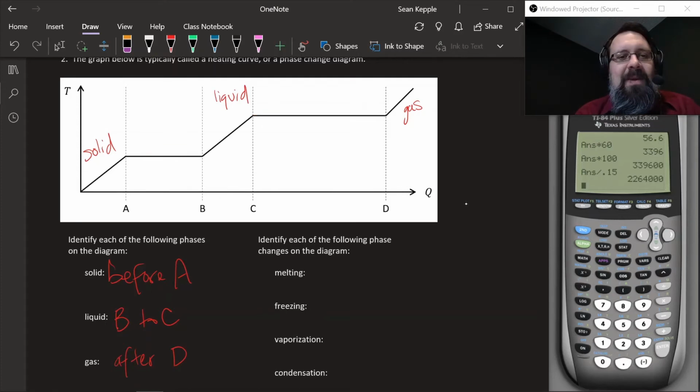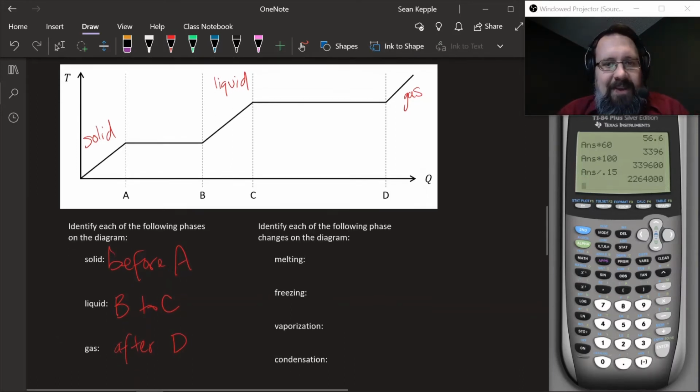So it can only be in one phase when you have that linear increase in temperature with respect to the heat that you add. That's where you have the sensible heating, where the specific heat capacity governs the rate at which the temperature increases. The other regions where it's flat, that's going to be the latent heat.